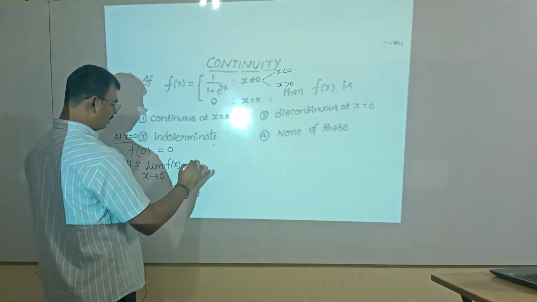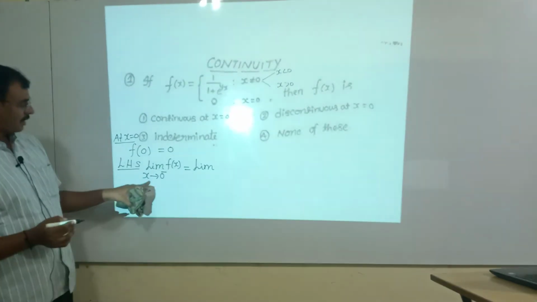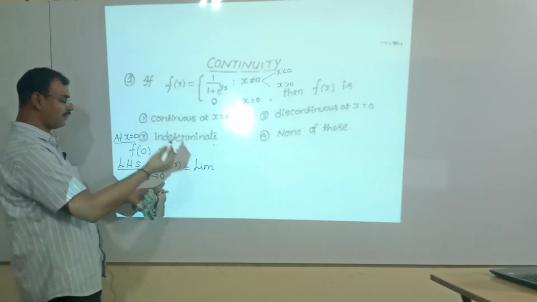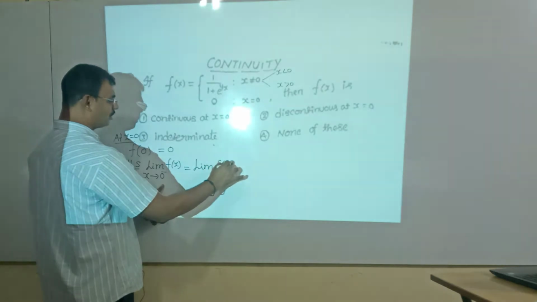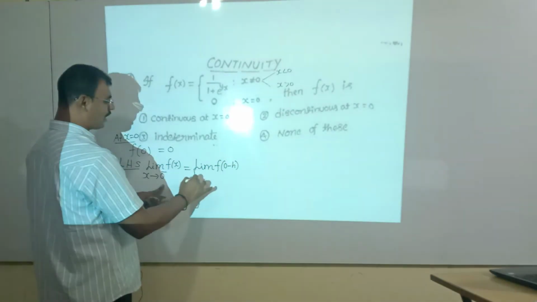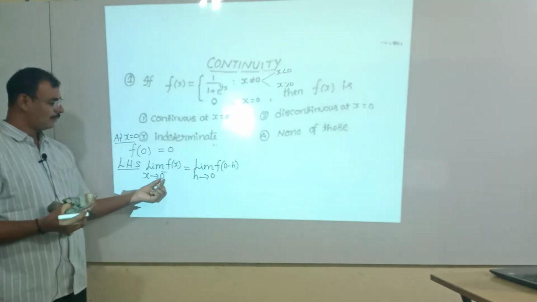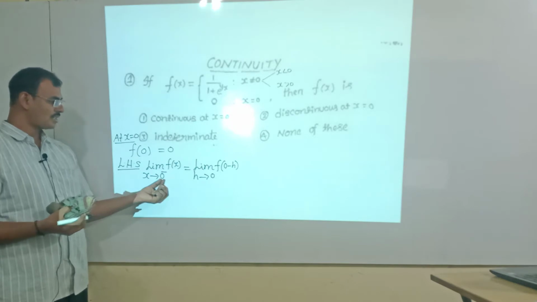So this is equal to the limit as x approaches 0 minus. How do I change this into another form? Limit of f of 0 minus h as h approaches 0. This is the meaning of left hand limit, that is smaller than 0.